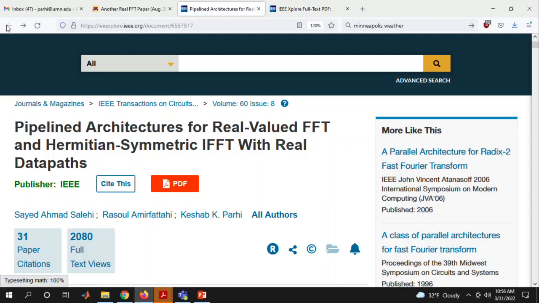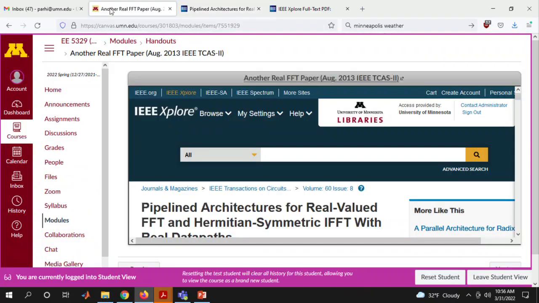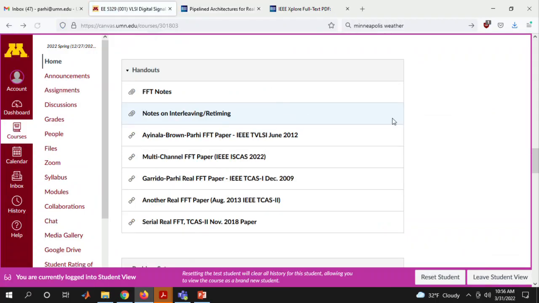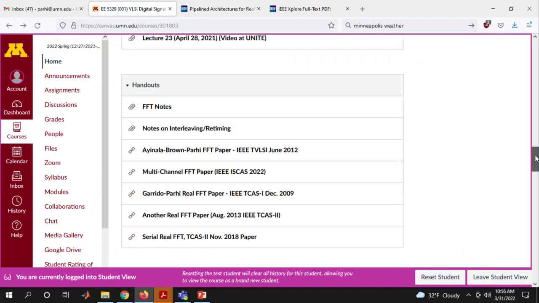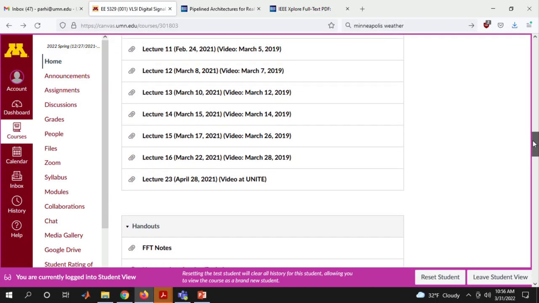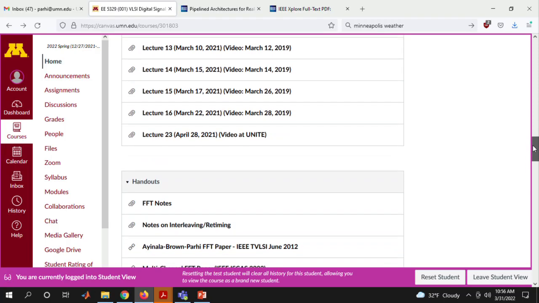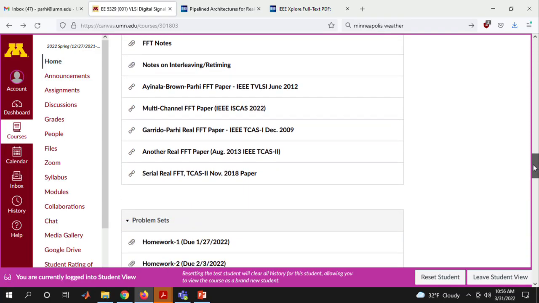And the last paper that I want to briefly talk about: we have spent a lot of time talking about two parallel, and I didn't talk about it a lot, but you can design four parallel.